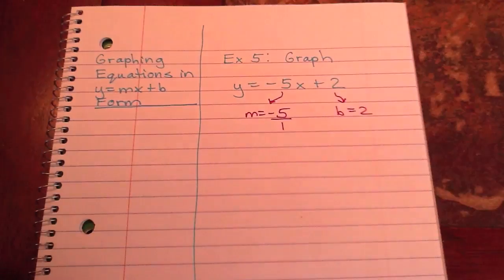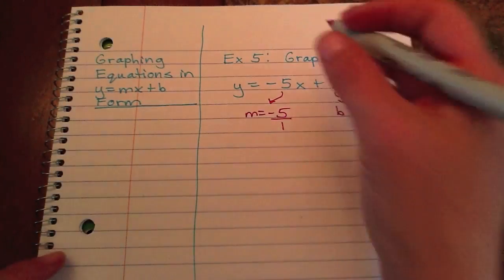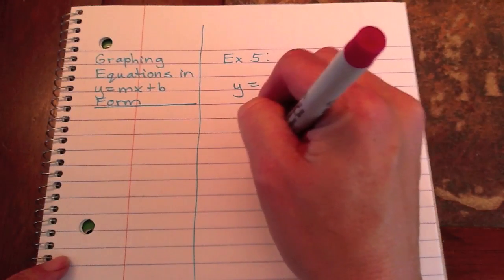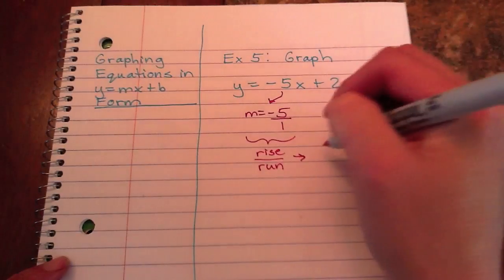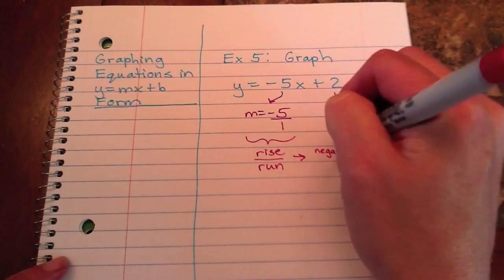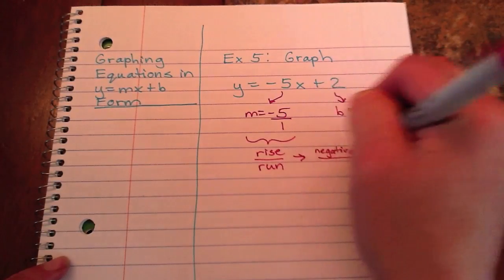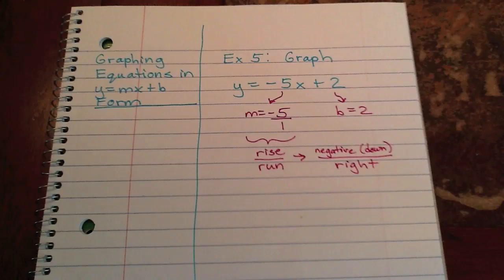If you want to make that a fraction, it's over 1, because remember, slope is rise over run. So if we're looking at our slope here, we know we have rise over run, and because it's a negative, you should be going down, then right. Okay, you have to think of that every time with that.